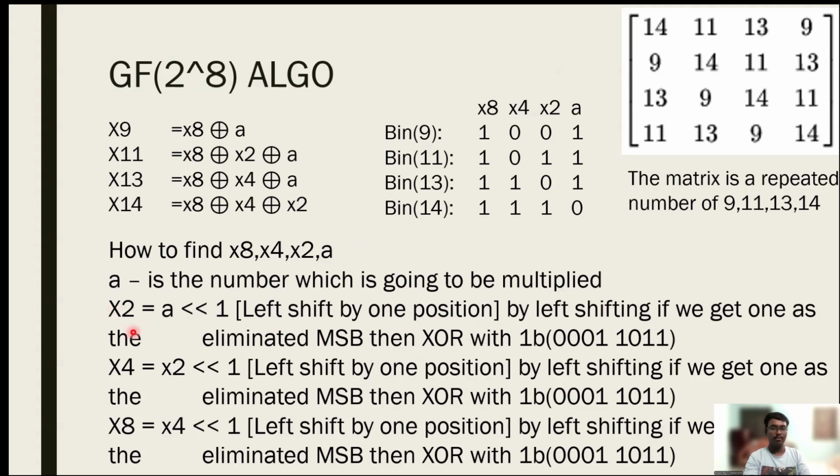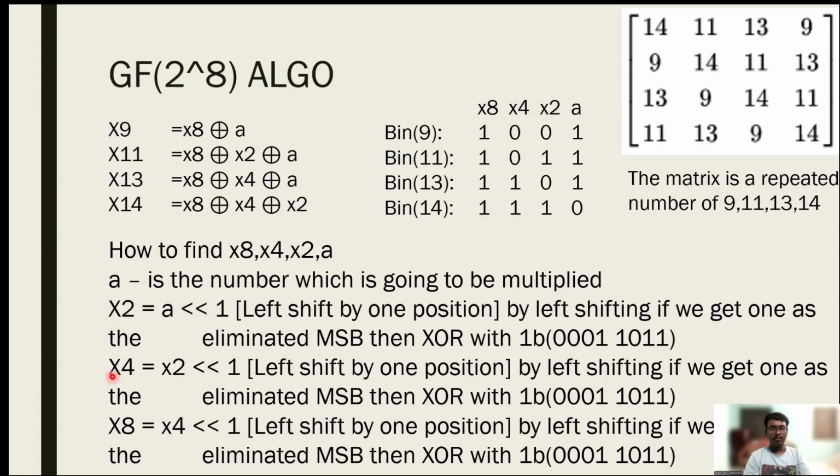So if you left shift by one, and the MSB is equal to one, we XOR with 1B. If the MSB is not one, we don't do any XOR.